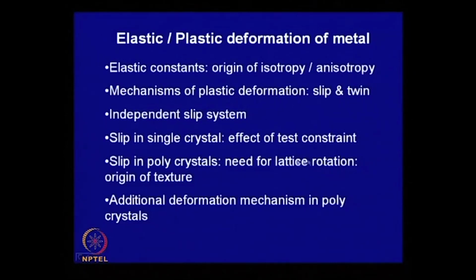Here lattice rotation is a must. Different grains rotate to a different extent, and this gives a deformation texture in the deformed metal, and additional deformation mechanisms are also possible in polycrystal.